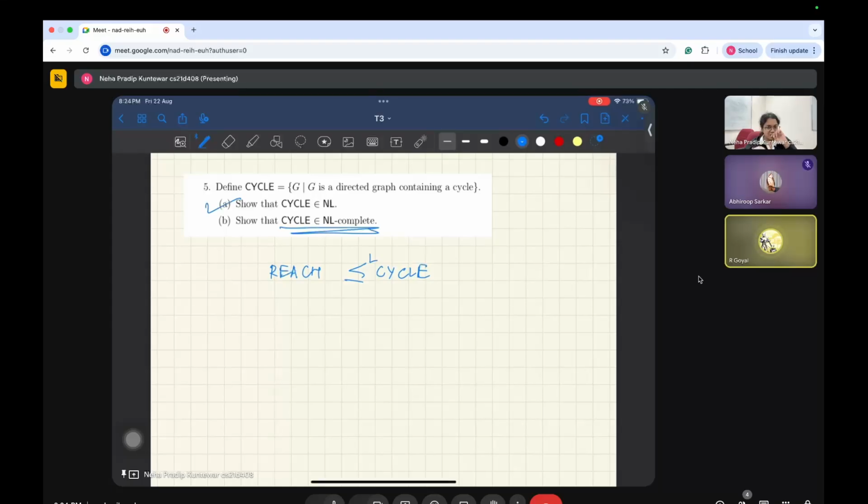Can we take help of the strongly connected thing then? No, that will not help. Actually what you need to do is take this hard problem, convert it into some intermediate problem, first show this reduction, and then show this reduction.